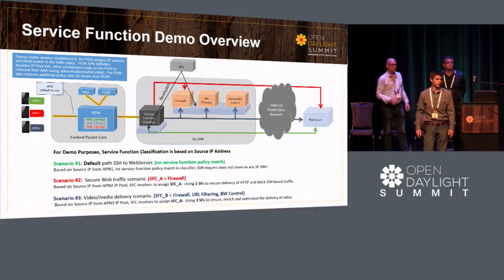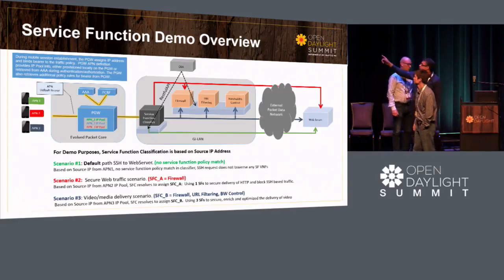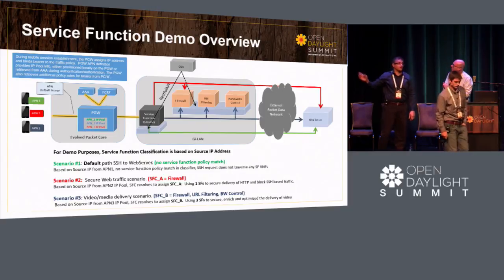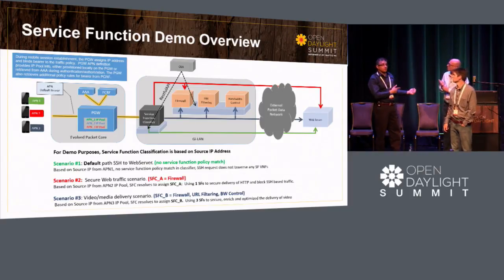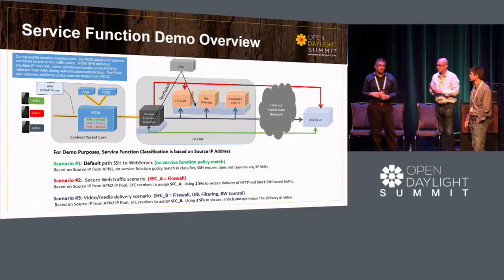I want to call out an important point since we're already on this slide. The RESTful API was the way we circumvented the issue that Randy just mentioned about the path IDs changing as you deploy them, or you get an automatically generated path ID, to put it more accurately.